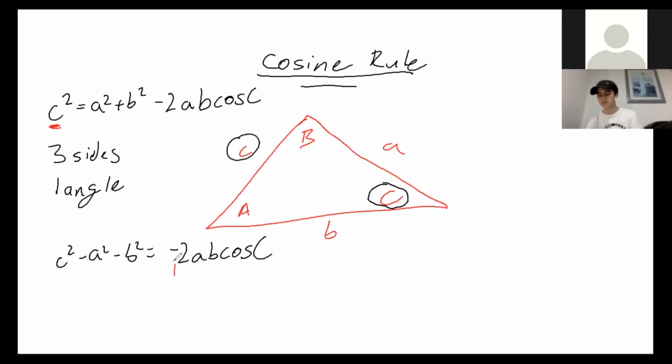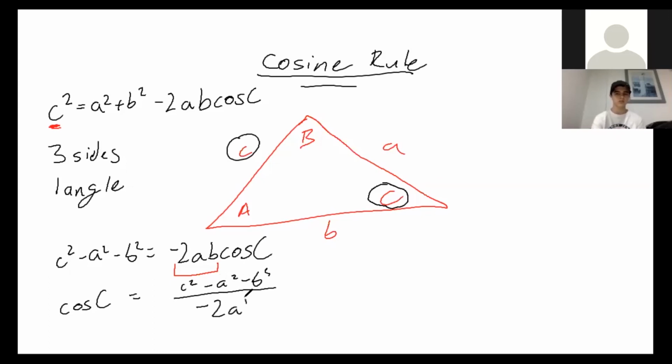And then I'm going to divide by this. So then I get cos C equals C squared minus A squared minus B squared all over negative 2AB.